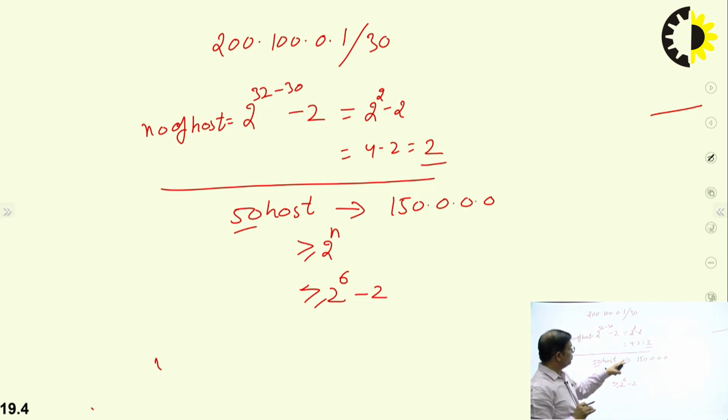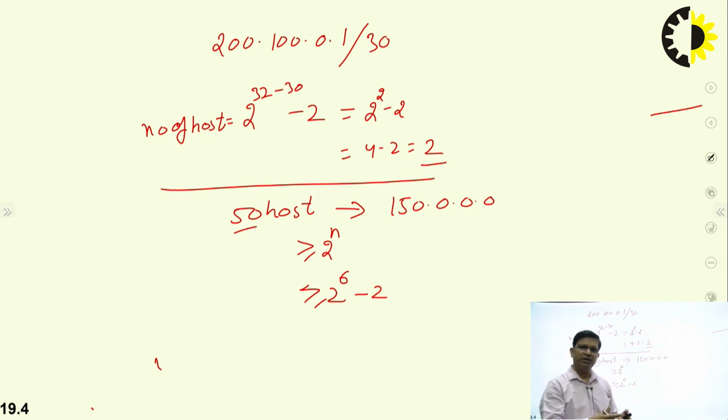But if we use a classful IP address, a large number of IP addresses are wasted, and these IP addresses are very important. Nowadays, do you think IPv6 is in practice? Yes, IPv6 is configured by default on every machine, either mobile or laptop. But IPv4 still exists in the current scenario.